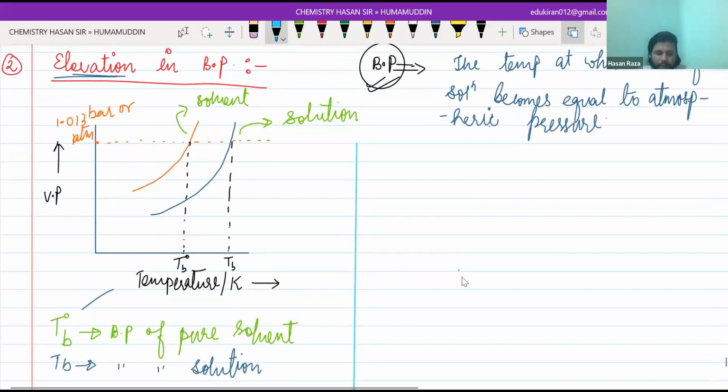Let me know if you are done with this. This T naught B is the boiling point of pure solvent, and this TB is the boiling point of solution.